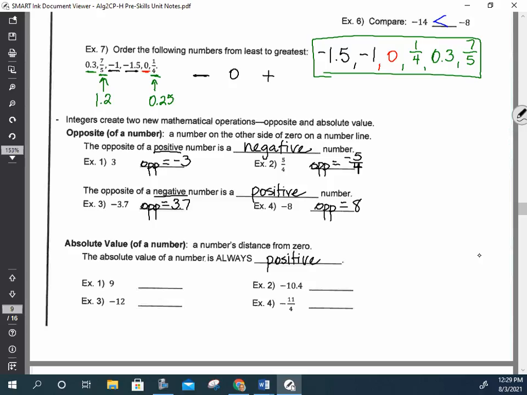And remember, for notation's sake, the absolute value of a number would be the double bars with a number inside of it. Double bars with a number inside. So for example 1, if you're looking for the absolute value of 9, that would be 9 inside of the double bars. You're looking for how far is the number 9 from 0. That's 9 units.